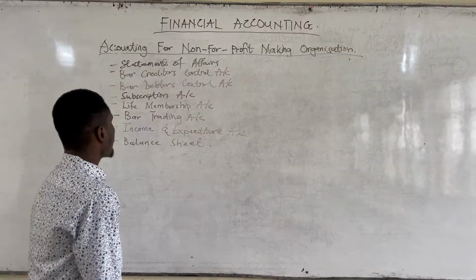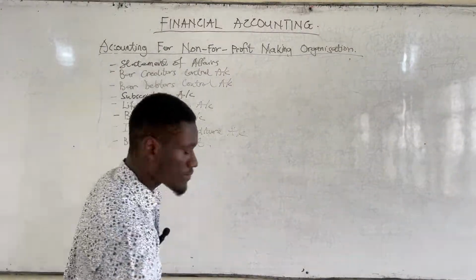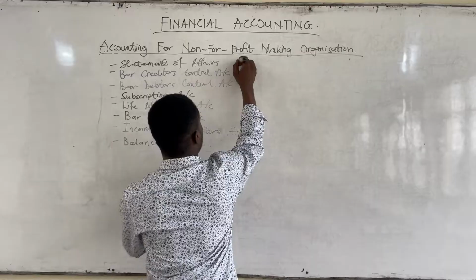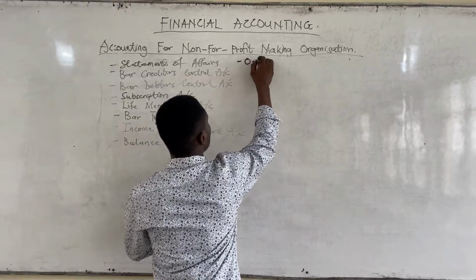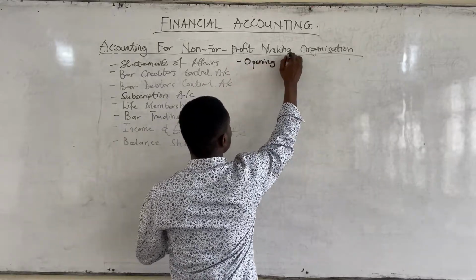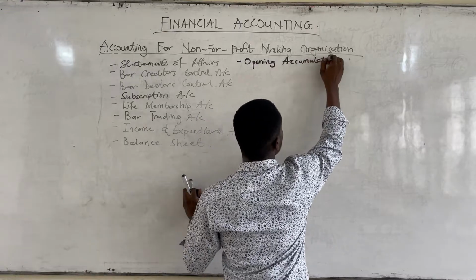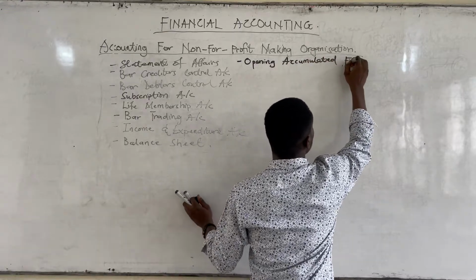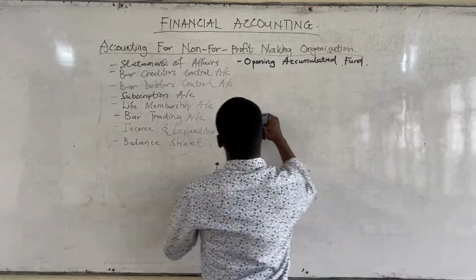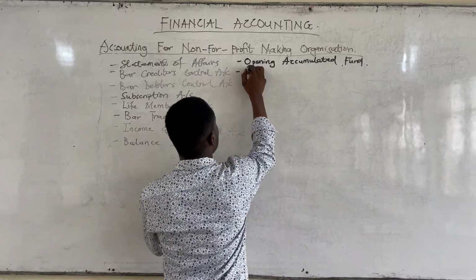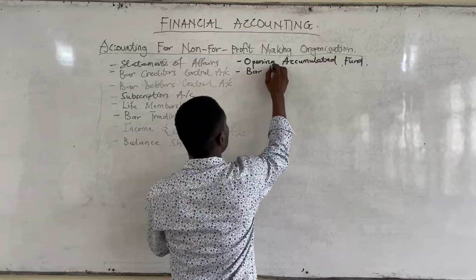So this statement of affairs will help us find our opening accumulated fund. And this will help us find our bar purchases.